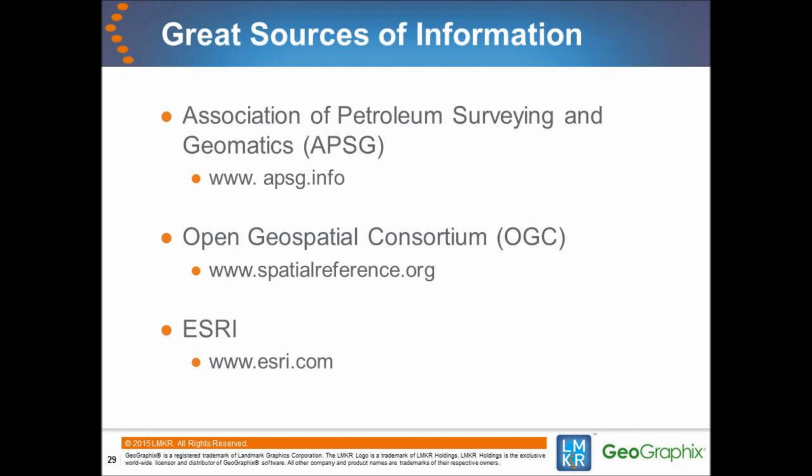But also, you can go to the Association of Petroleum Surveying and Geomatics website, www.apsg. It's a great organization for GIS professionals in the oil and gas industry. And of course, Esri has a lot of good materials out there related to geomatics.